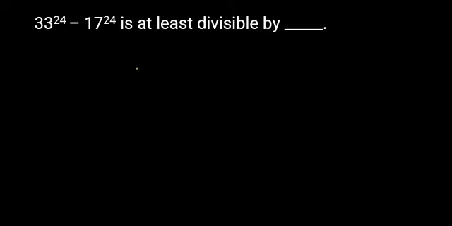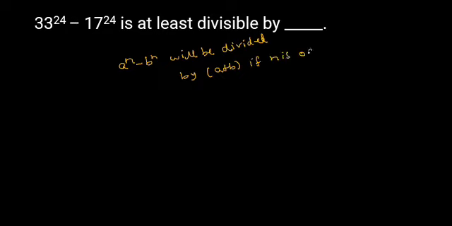33 to the power of 24 minus 17 to the power of 24 is least divisible by? Now see here, again we will have a theorem: a to the power of n minus b to the power of n will be divisible by a plus b if n is even.